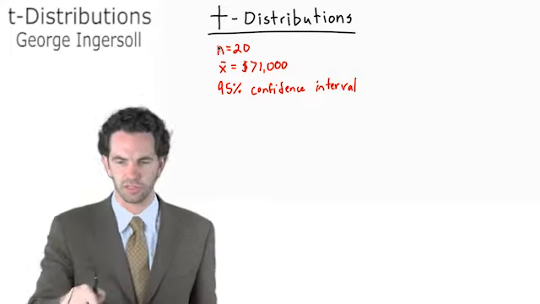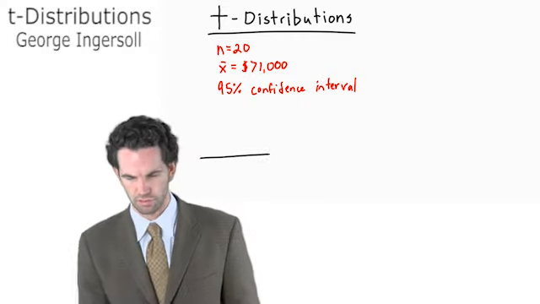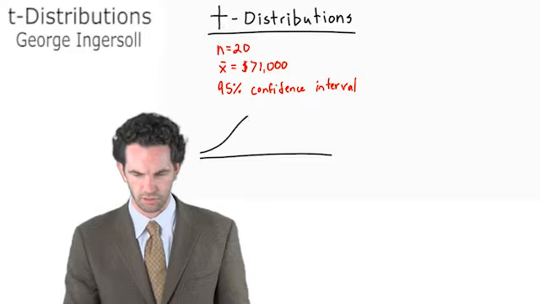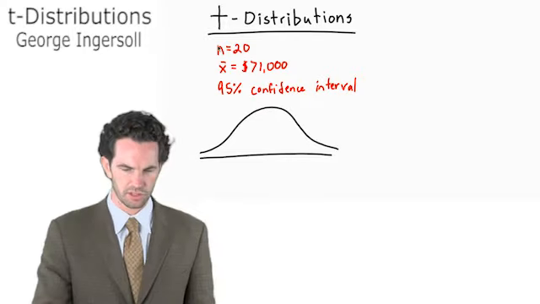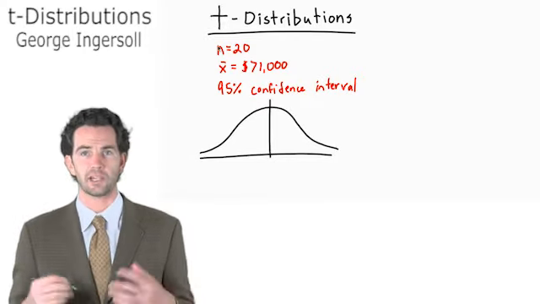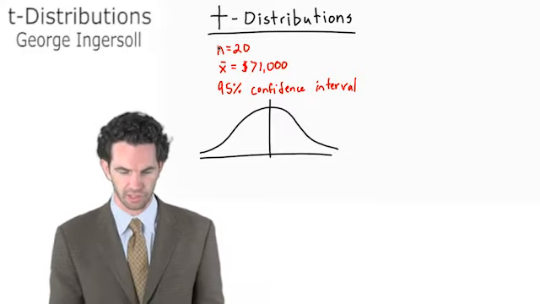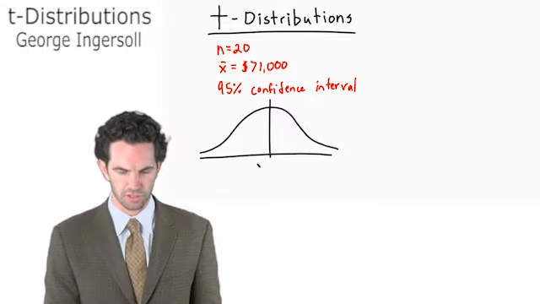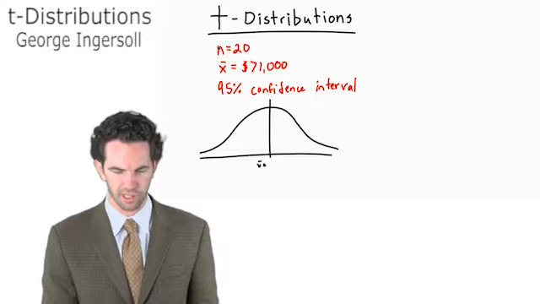So, just to illustrate this, this is our range of possible actual population household incomes, and we have this x bar, meaning this is the estimate we got from our sample of 71,000.